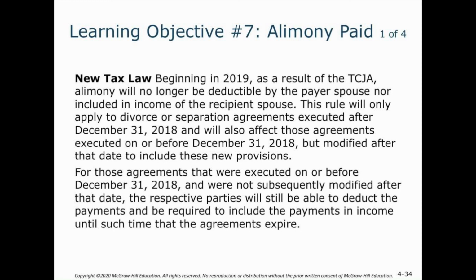In those cases, the payer of alimony would not be entitled to a deduction for the alimony payments, nor would the receiver of alimony be required to include that amount in gross income. But it's still important to know how this is treated because a lot of divorce agreements, divorce orders and separation agreements that were finalized prior to 2018 are still in effect. So it's important to know that tax law change and the results of it.